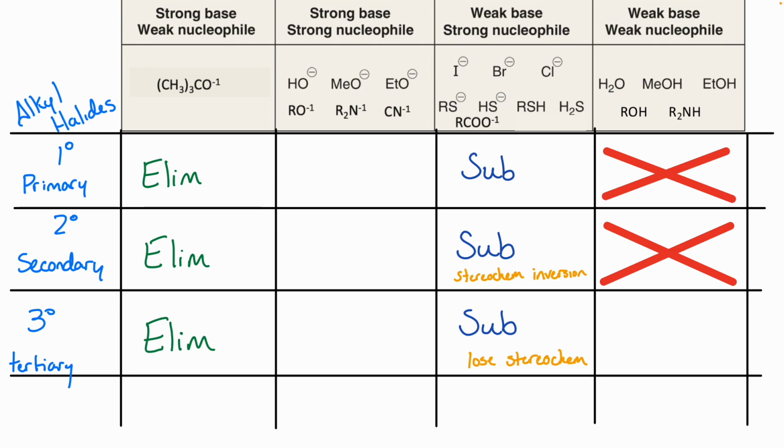But for our tertiary alkyl halides, because these aren't really great at being both, these reactions will occur with about a 50-50 split. We're going to see about half of our molecules undergoing elimination, and the other half undergoing substitution. If we want to just note, because we're tertiary, we got to lose that stereochem.